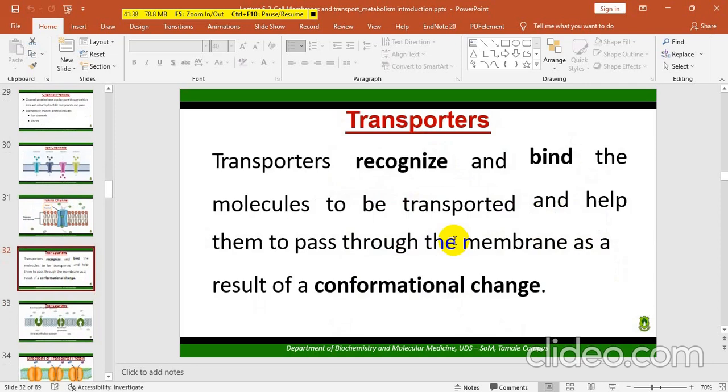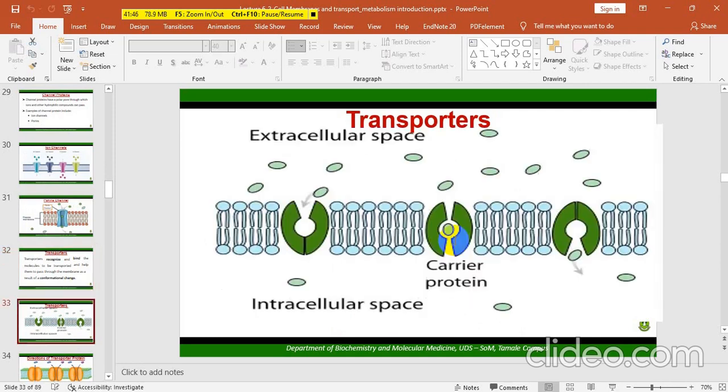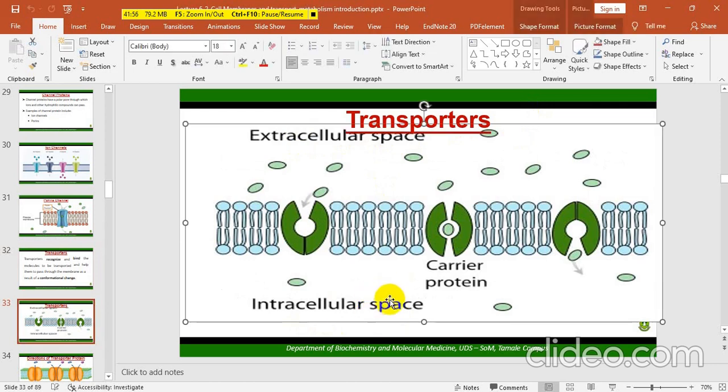Transporters recognize and bind the molecules to be transported and help them to pass through the membrane as a result of conformational change. So you see, this is the extracellular milieu or extracellular environment, and this is the intracellular space or the cytoplasm is here. You can see the molecules you want to transport across the membrane.